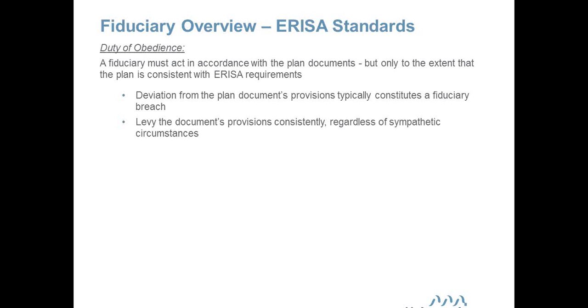A participant may have very sympathetic circumstances that fall outside of that, and you may want to let them utilize a hardship option, but that's the point of this last bullet: regardless of the circumstances, you want to administer the plan in compliance with the provisions.